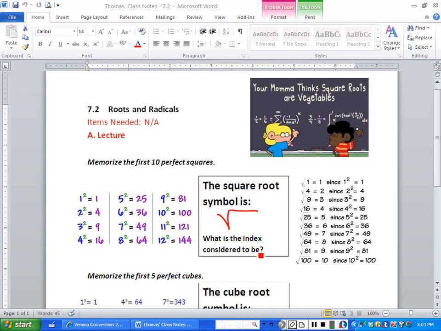The square root of 1 is 1, since 1 squared is 1. Square root of 4 is 2, since 2 squared is 4. Square root of 9 is 3, since 3 squared equals 9. So that's how you find the square root. You find that number that's being squared to get the number under that radical symbol.